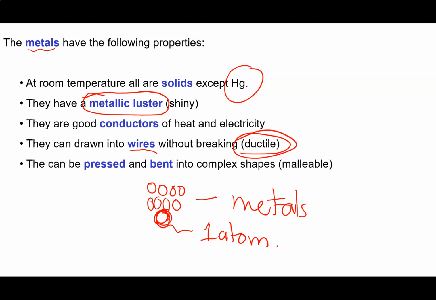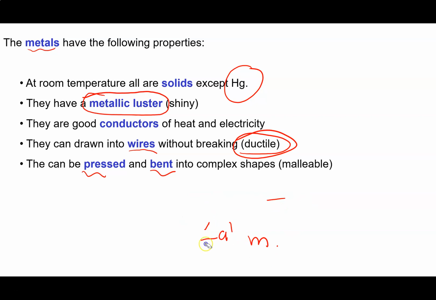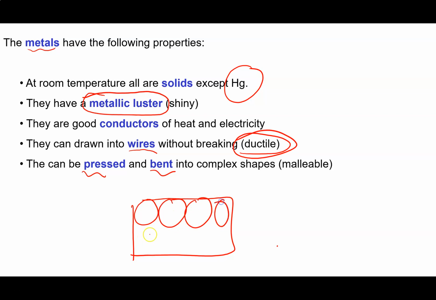Metals also have this characteristic that you can press and beat and bend them into complex shapes, and they won't break. You can do this in a really extreme sense, and later on we'll see that it's possible to get a foil of gold, which is one of the most famous metals, that's just a few atoms thick.